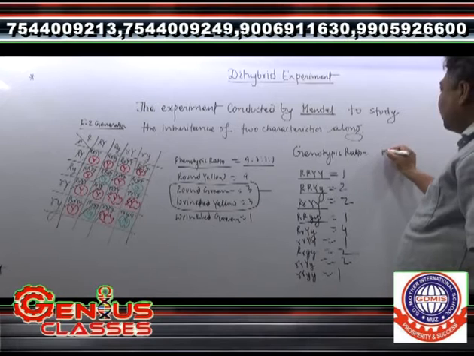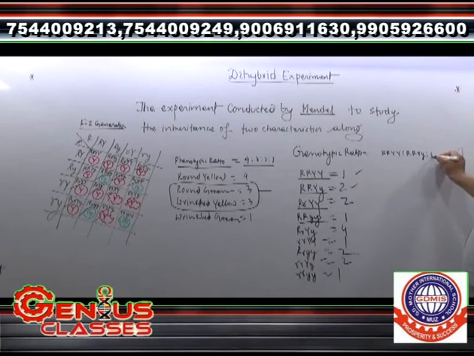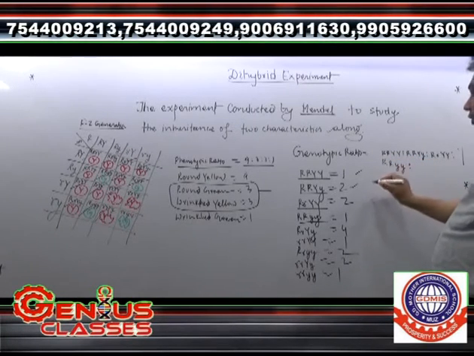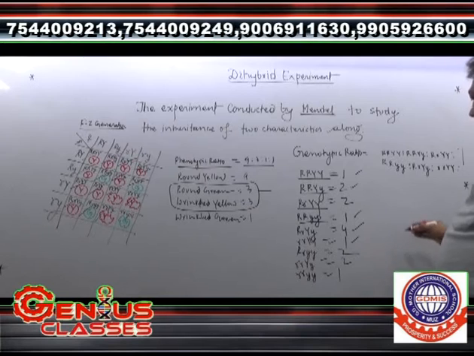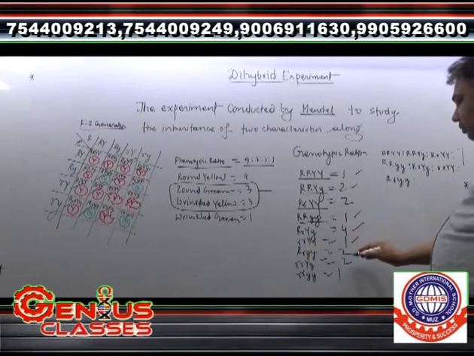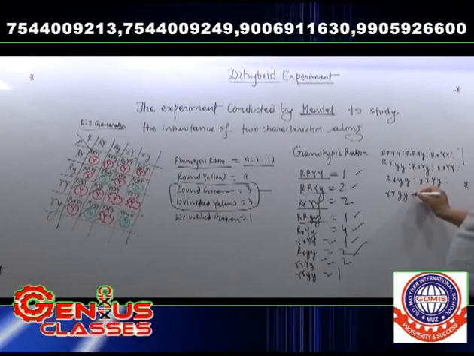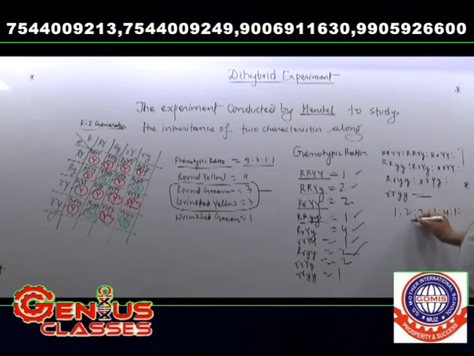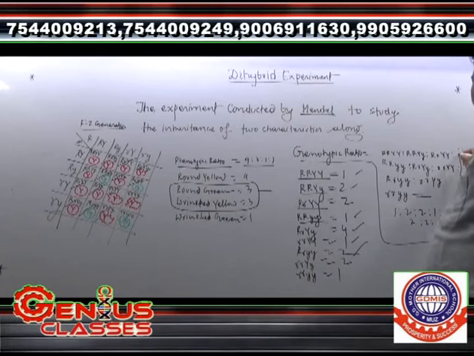So genotypic ratio is equal to R capital, Y capital, Y capital is to R capital, Y capital, Y small is to R capital, R small, Y capital, Y capital is to R capital, Y small, Y small is to R capital, R small, Y capital, Y small is to R small, Y capital, Y capital is to R capital, R small, Y small, Y small is to R small, Y capital, Y small is to R small, Y small, Y small, equal to 1 is to 2 is to 2 is to 1 is to 4 is to 1 is to 2 is to 2 is to 1. This is the genotypic ratio.